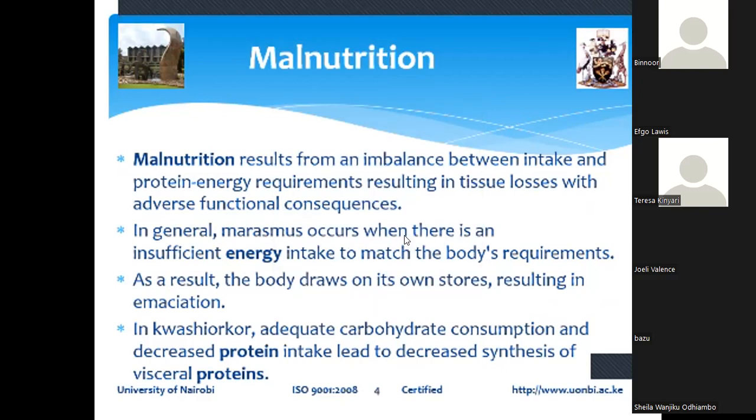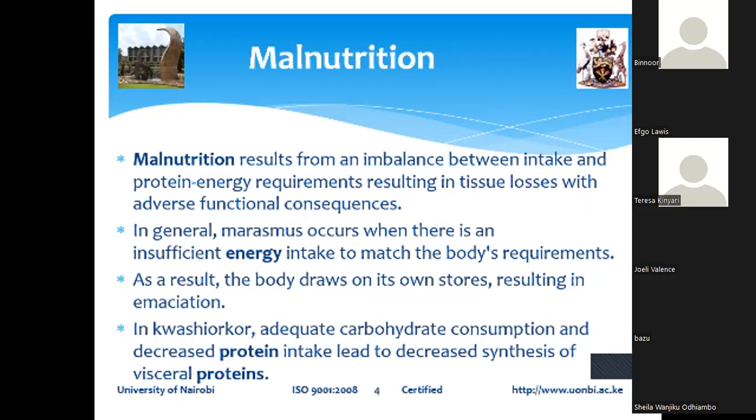Malnutrition will result from an imbalance between intake and protein energy requirements, which results in tissue losses with adverse functional consequences. Generally, you find that the metabolic rate, when a child has marasmus, is reduced. Not enough nutrients are available to meet the body's requirements.